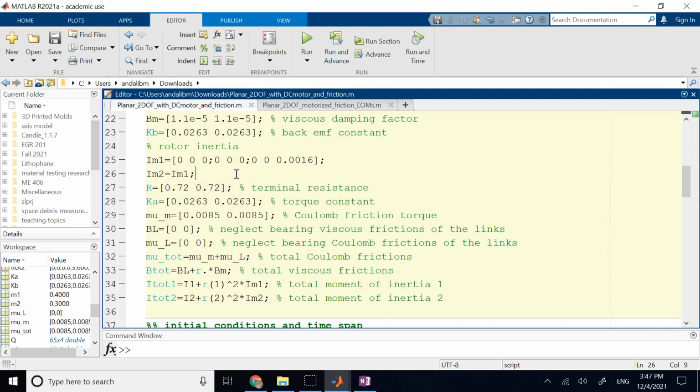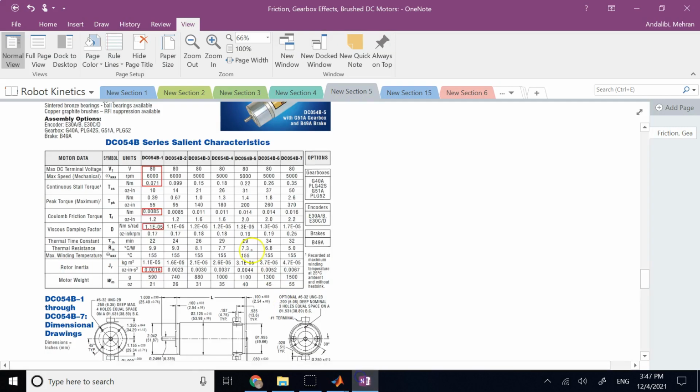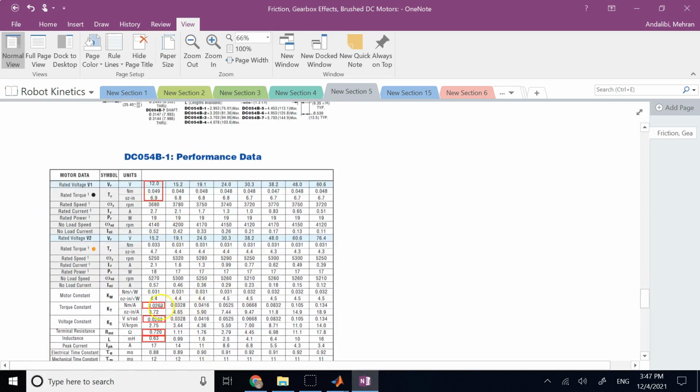I neglect all of the other moments of inertia of the motor shaft. And again, I assume the motors are the same. I have terminal resistance, torque constant, and back EMF constant. And here you can see them.